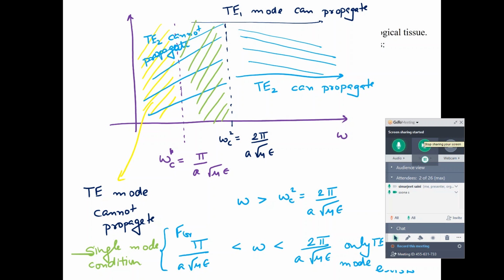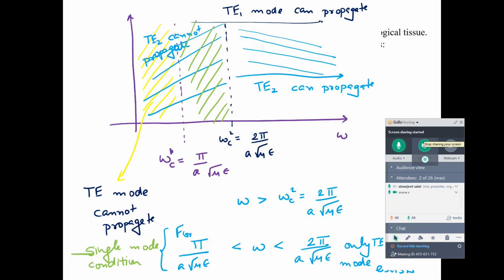The electric field cannot take any arbitrary shapes inside. Each of those distributions is traveling at its own speed, and each has its own cutoff frequency. Below that cutoff frequency, that distribution cannot exist at all. Above that cutoff frequency, the distribution can exist.